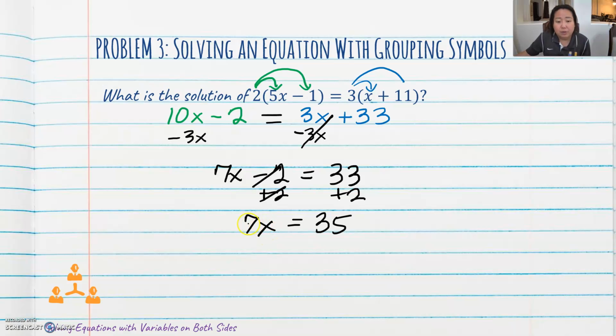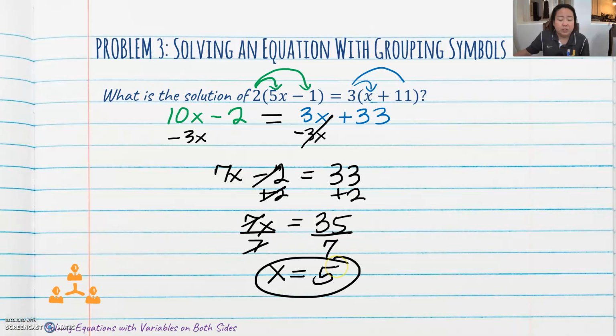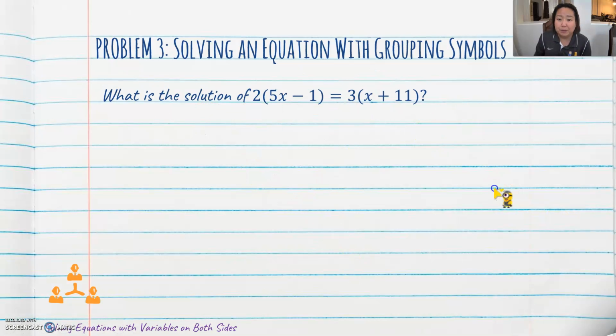Since our variable is attached to multiplication of 7, we divide by 7. That will now become 1. 35 you divide by 7. So the x value will now be equal to 5. So the only extra step here was the distribution that we did, but everything else we have gone over already. Okay, so I would like you to try this one on your own.